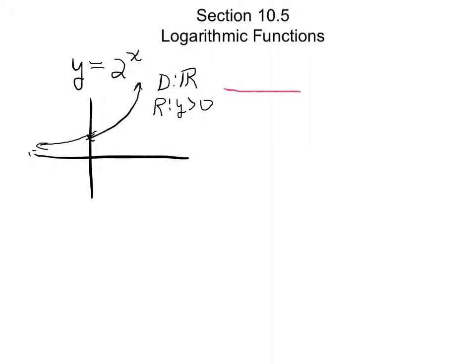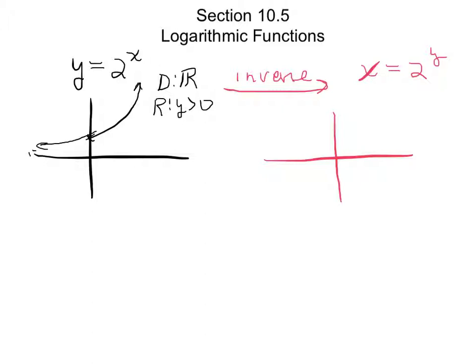Now let's suppose we want to talk about the inverse of this function. To get the inverse we switch the x and y. So the inverse is going to be x is equal to 2 to the y. And to get the graph of the inverse, we simply take this function and flip it over the line y equals x.